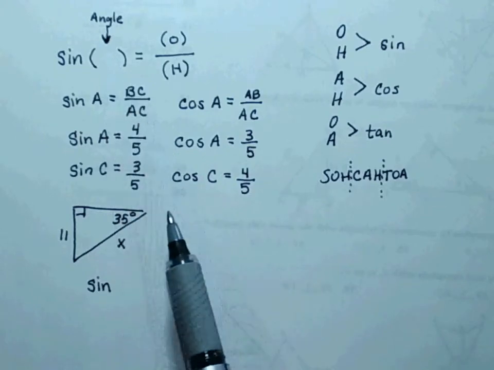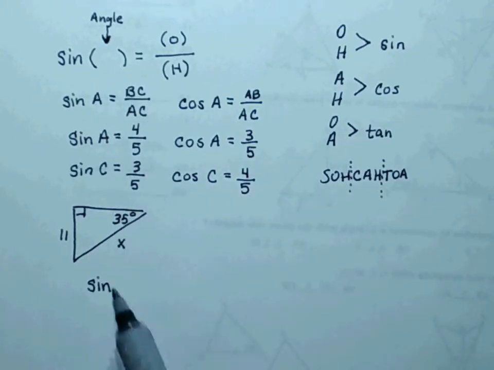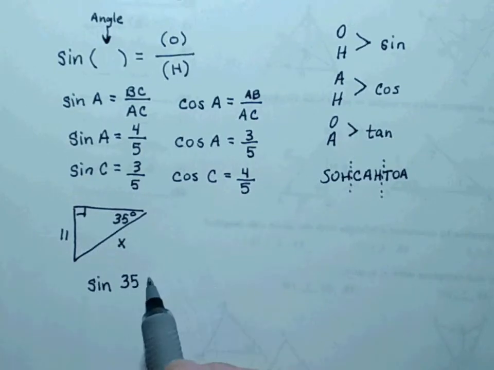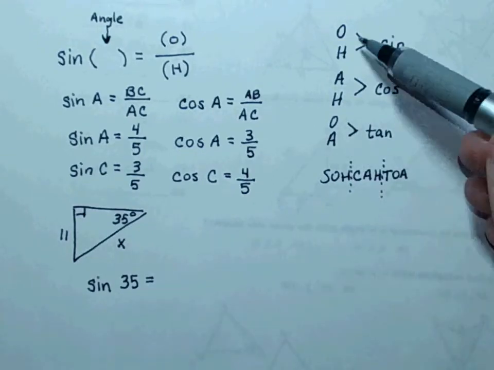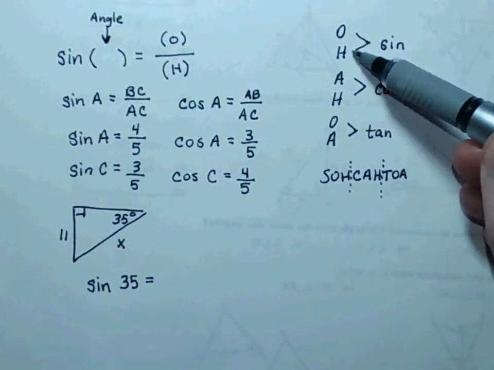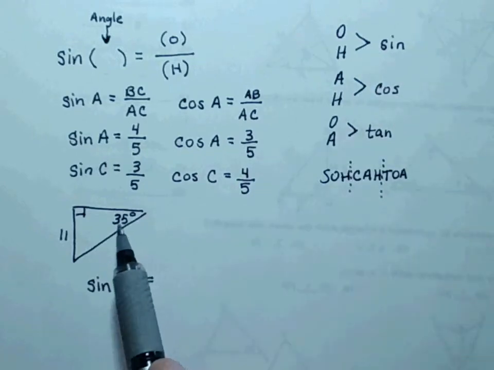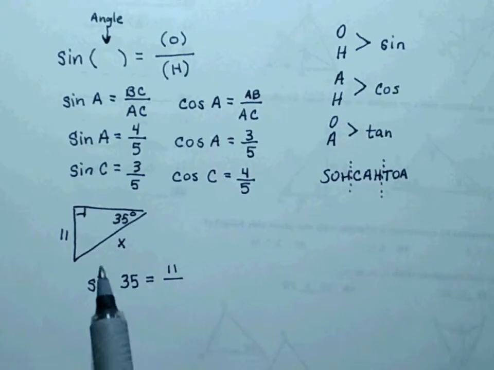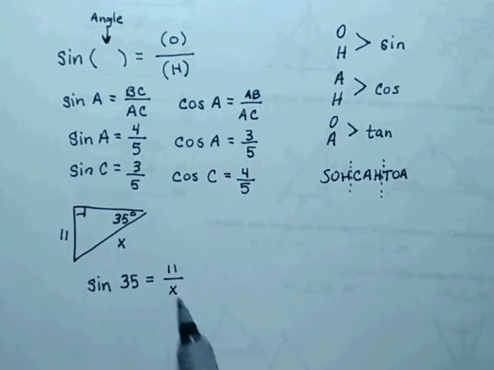In this case, we know the measure of the angle, so I'm going to say sine of 35. And that's going to be equal to, sine stands for opposite over hypotenuse, so our opposite side is 11 over the hypotenuse, which is x. And we have that equation right there.